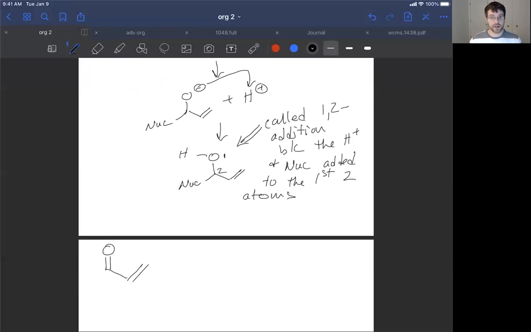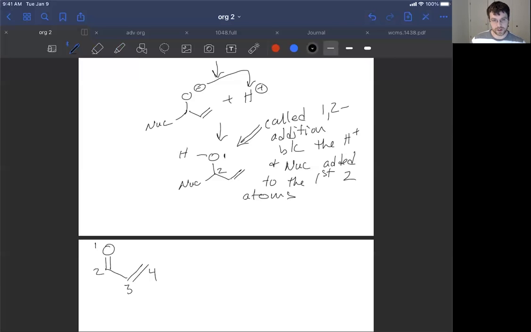Here is my alpha beta unsaturated carbonyl, and we said that it has positive character at the carbonyl carbon and the beta carbon. Let's number these from 1 all the way to the end of this functional group, which has 4 atoms in total. I'm going to start at 1 at the oxygen because it's the heaviest element, so let's give it the highest priority. Typical things we do as organic chemists.